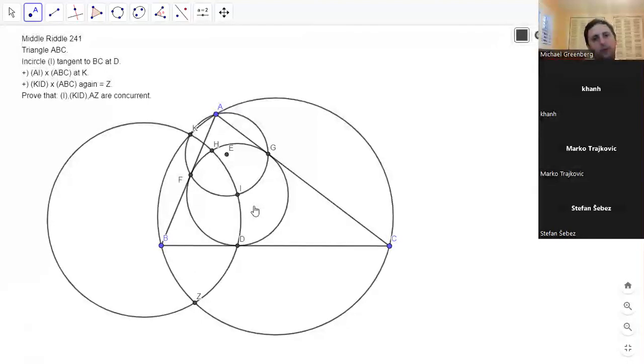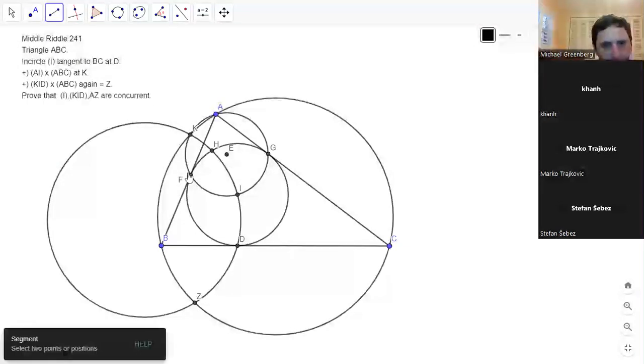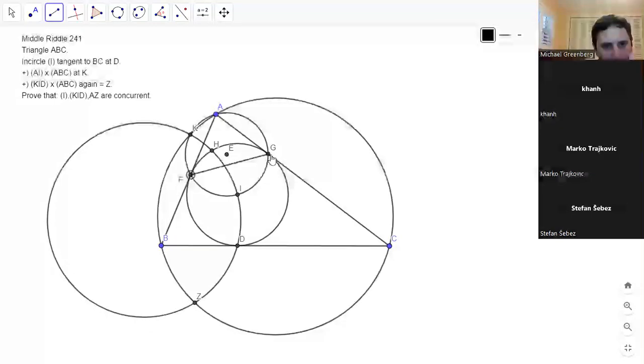But HD, FG, and KI should concur. So KI meets FG at the perpendicular. So basically, if we can show DH is perpendicular to FG, is that obvious? Let's think. Is that just an angle chase to show DH is perpendicular to FG?